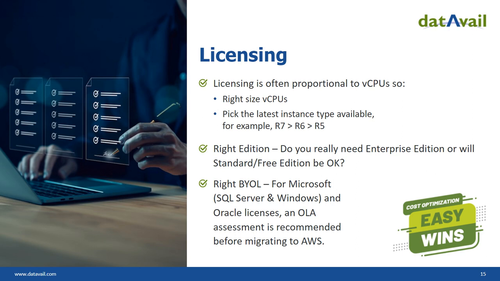The idea of the OLA assessment is to have a good picture of what you have today and what licensing and cost are going to look like on AWS before you decide to migrate. And in some cases, AWS provides funding to help with that OLA assessment.